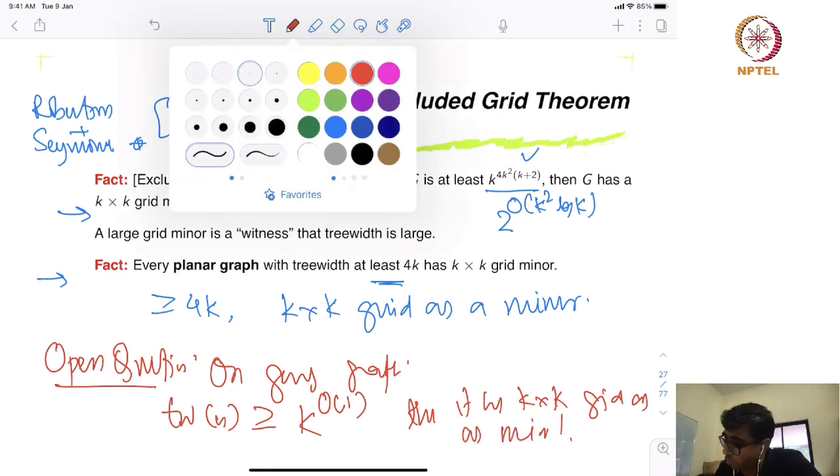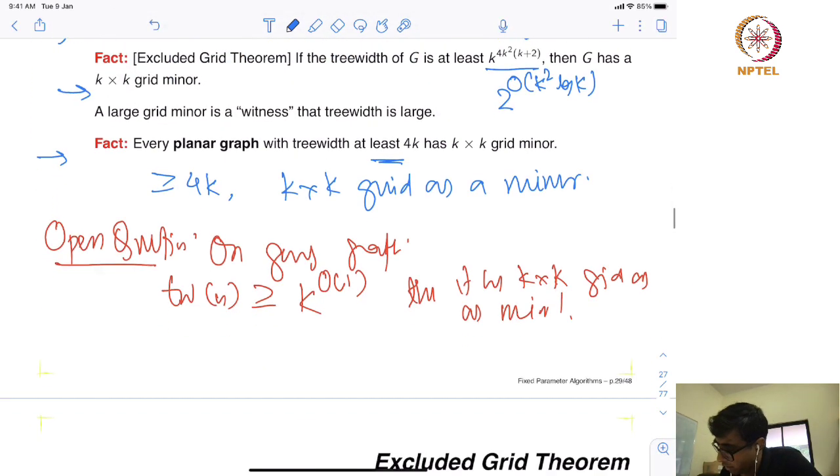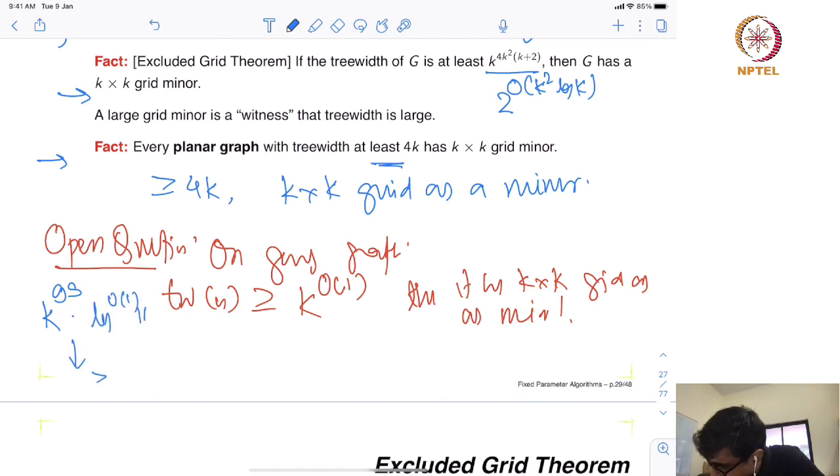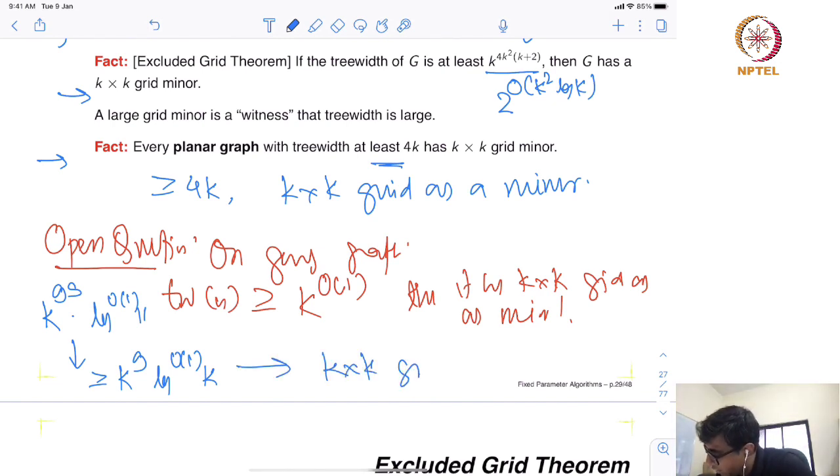Surprisingly, it was open for a long time before Chandra Chekuri and Julia Chuzhoy showed an upper bound of k to the power some 99 and some log. But after successive papers, it has now been shown that if the treewidth is just k polylog k, then that implies existence of a k times k grid as a minor.